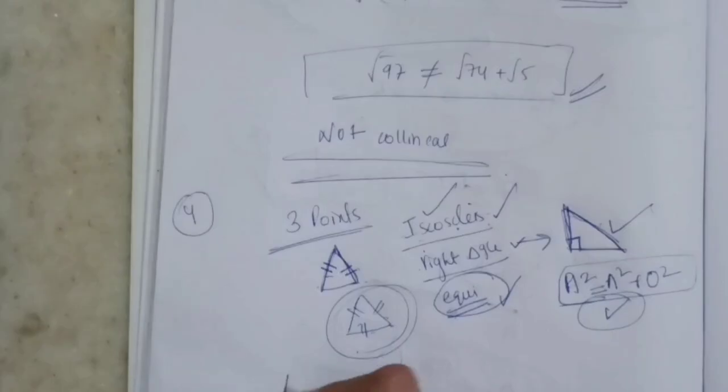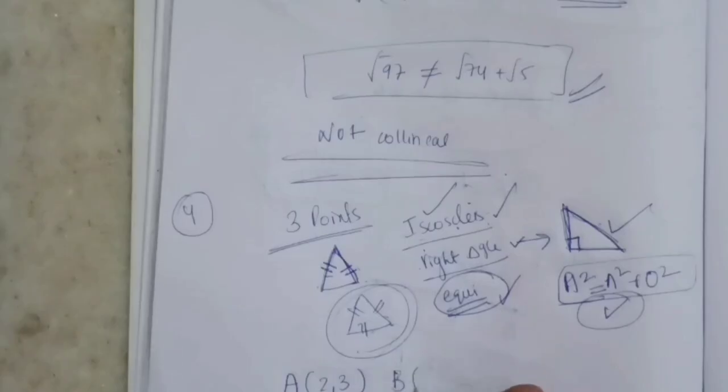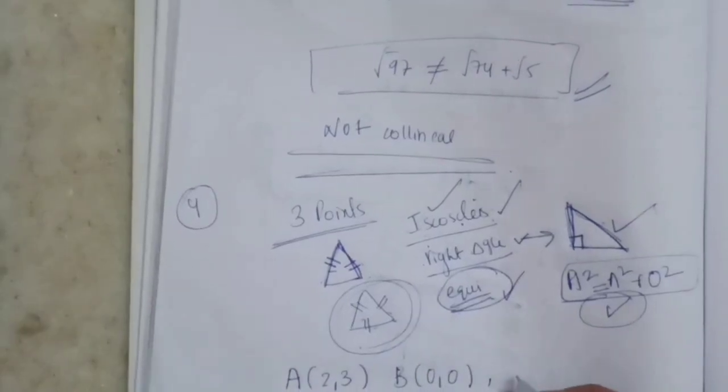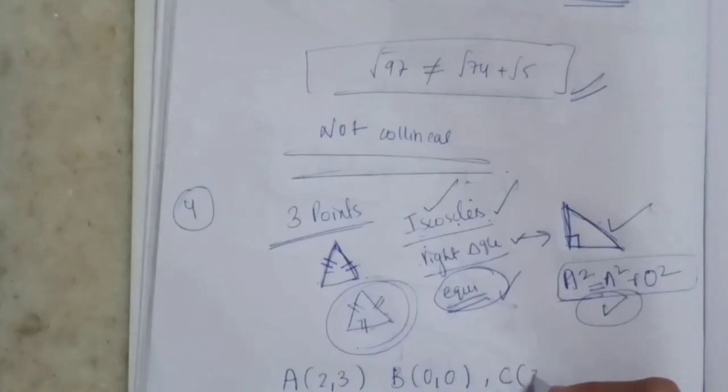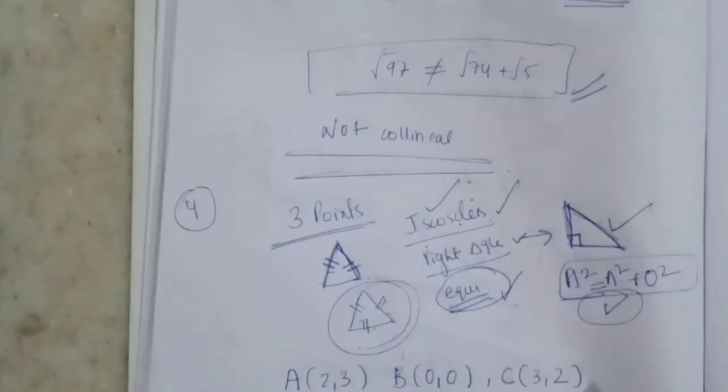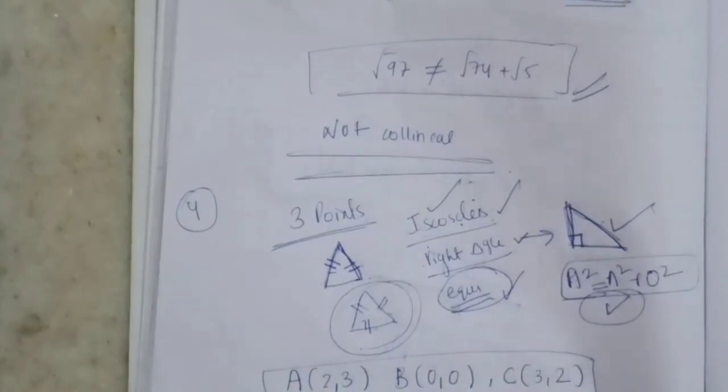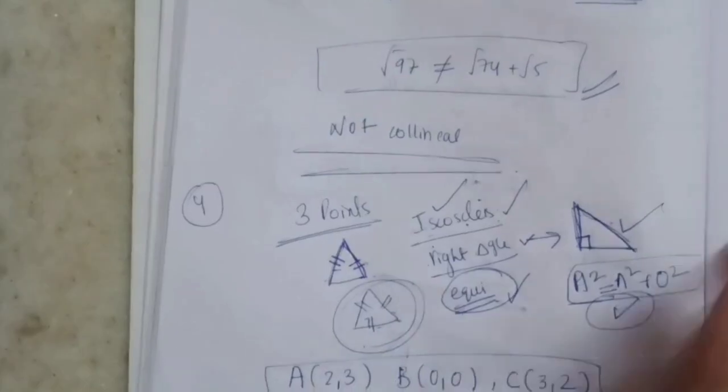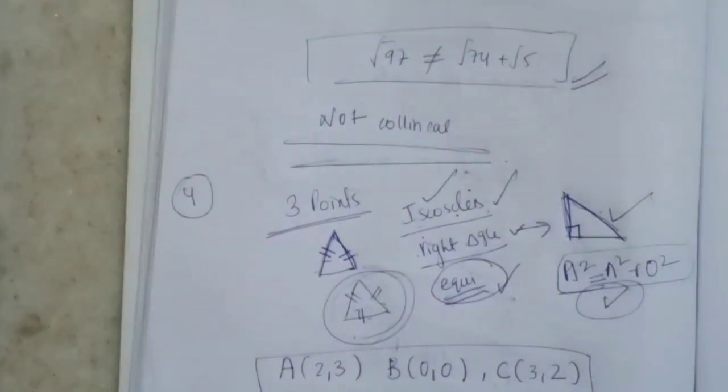Let us solve. There is a point A which is 2 comma 3, point B which is 0 comma 0, and a point C which is 3 comma 2. They'll ask which triangle it forms. So let us first find the distances.